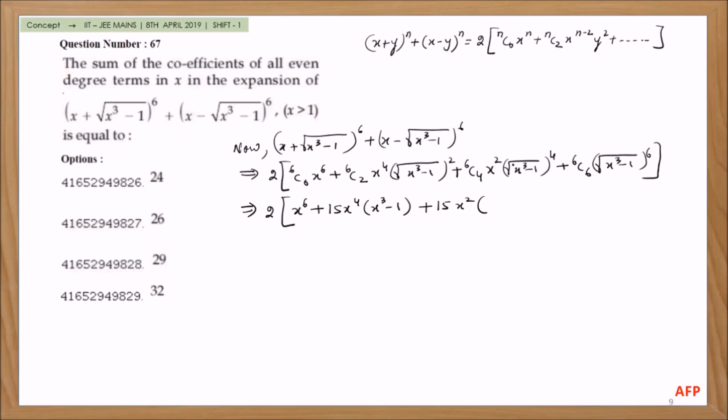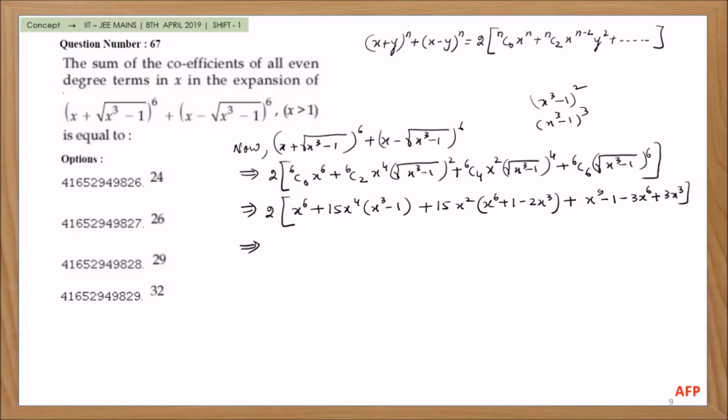When you cancel this you get the whole square, which you can write as x^6 plus 1 minus 2x^3. Then the expansion of (x cube minus 1) whole cube: x^9 minus 1 minus 3x^6 plus 3x^3. So this is the expansion we got.